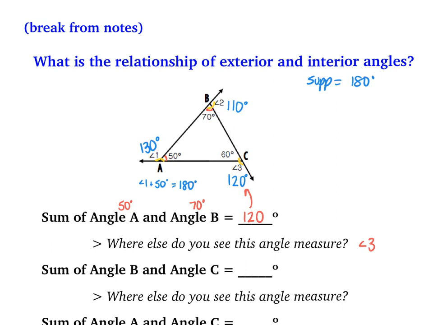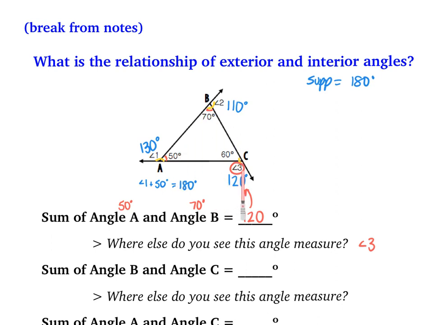So let's break that down a little more and see what we have. I have an exterior angle of angle 3 right here. Then what we found is that these two interior angles together have a sum equal to this angle.